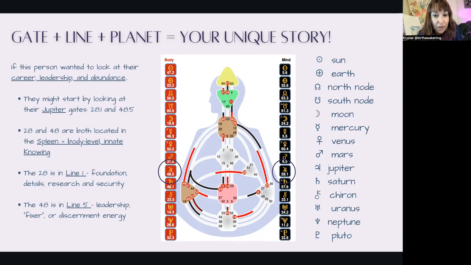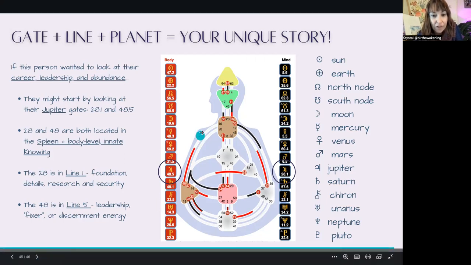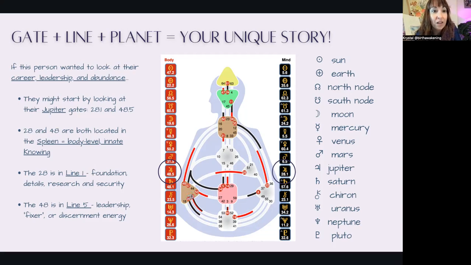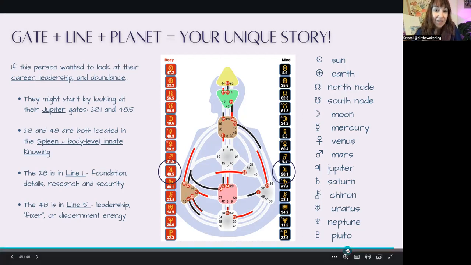Also, both the 28 consciously and the 48 unconsciously, if we find these gates inside the body graph, we see that they are both in the spleen, which has to do with survival, fear, and body elemental instinct. So this is just one way that we can look at the whole of our hologram.